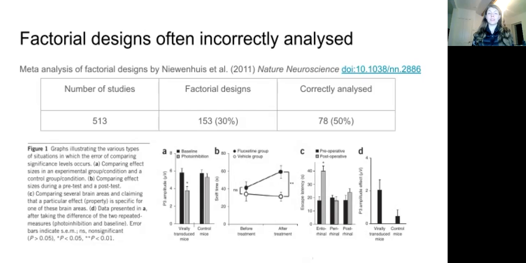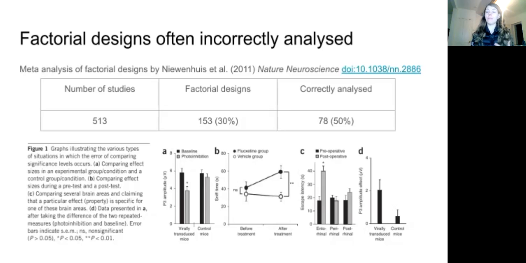Now, as useful as factorial experimental designs are, many practicing scientists actually tend to analyze these incorrectly. So if you had some trouble understanding the whole point about ANOVA versus t-test, you're not alone. In a meta-analysis of neuroscience papers, which was conducted by Nieuwenhuis et al., roughly 30% of the papers they found in their search out of 513 studies used a factorial design.